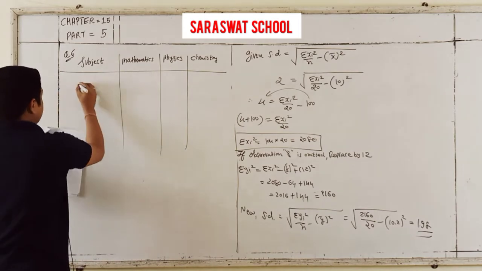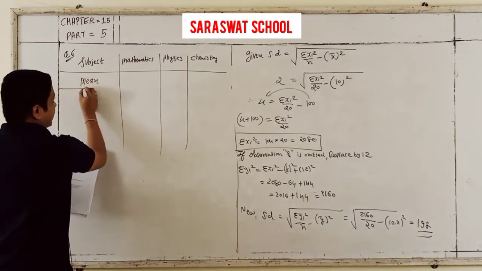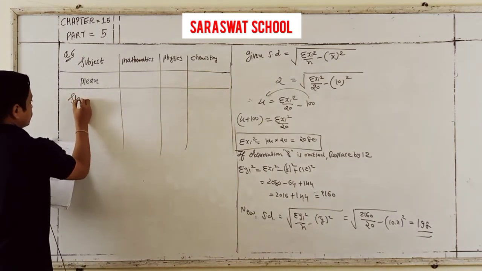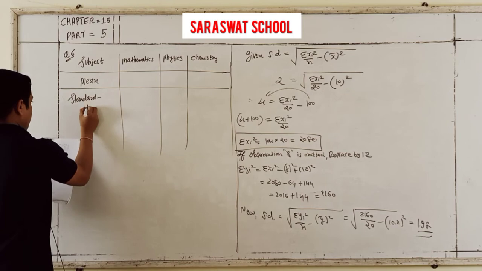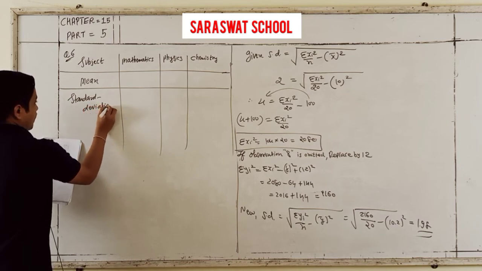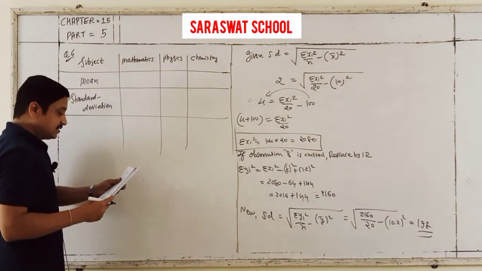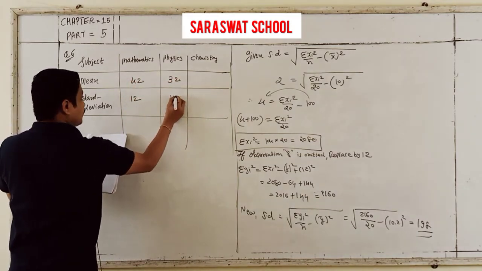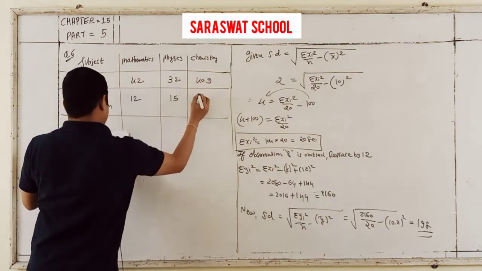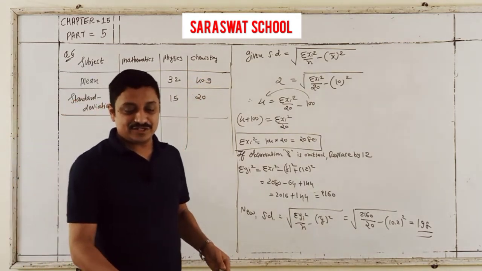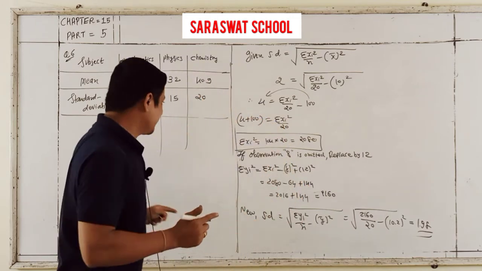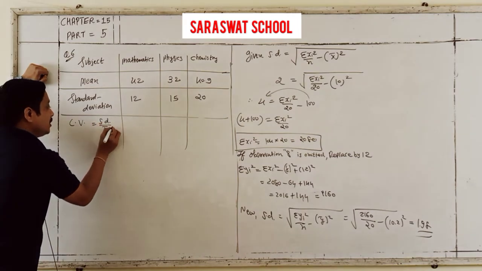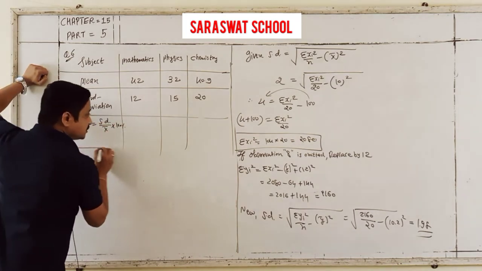First of all, mean, second standard deviation. So for all the data, first of all I declare: 42, 12, 32, 15 and 40.9, 20. So I define first CV, meaning coefficient of variation. Students, here CV I will define as SD upon mean into 100%.